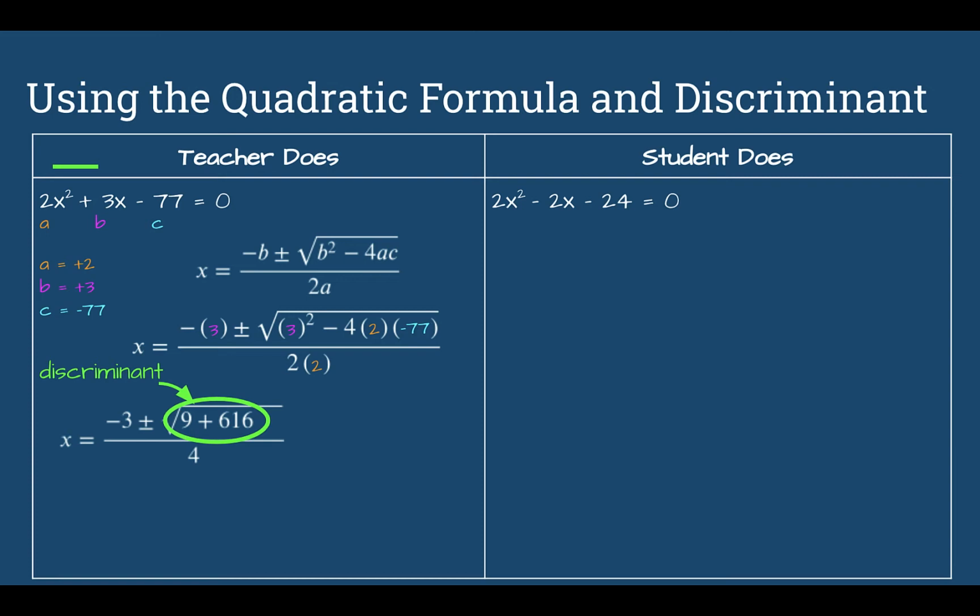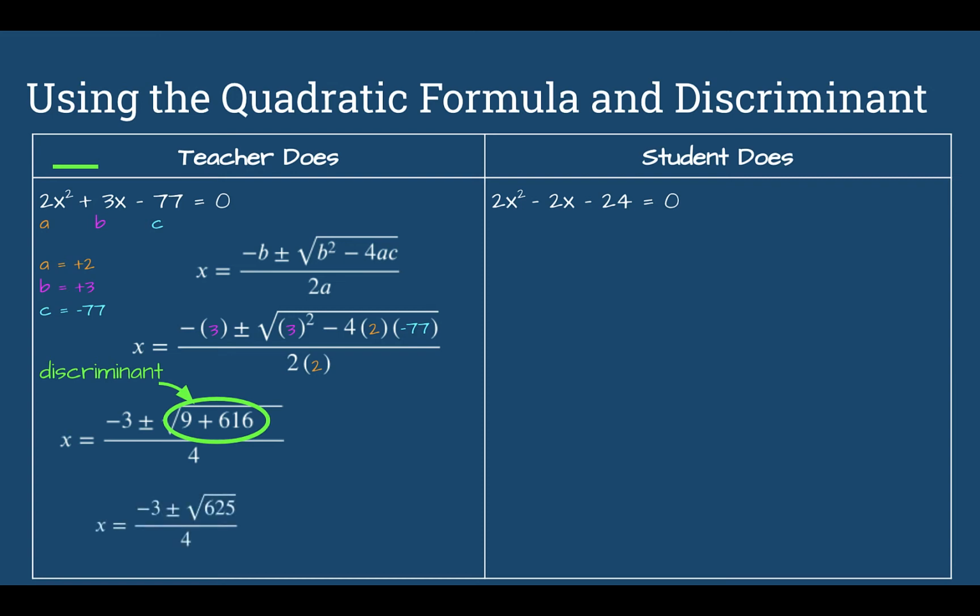Here, 9 plus 616, that's going to end up being a positive number. So that's going to tell us we have 2 solutions, and we should keep going. If it was negative and there were no solutions, then we could just stop because there's no real solutions. Since it's positive, we'll keep going.